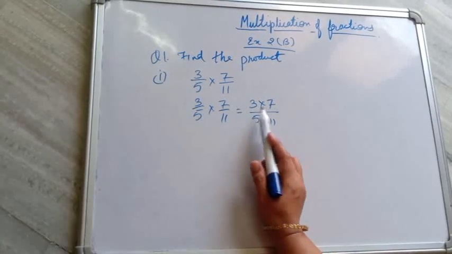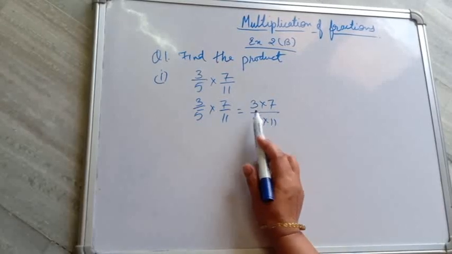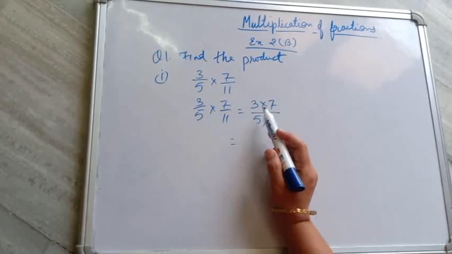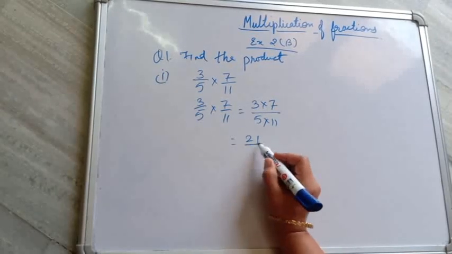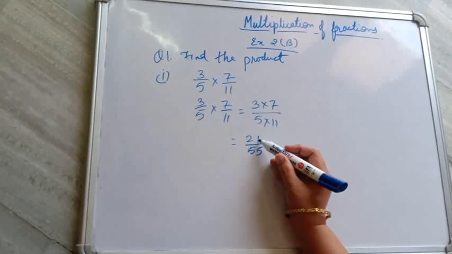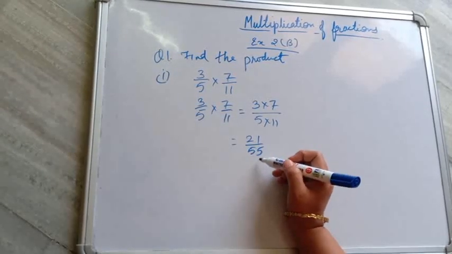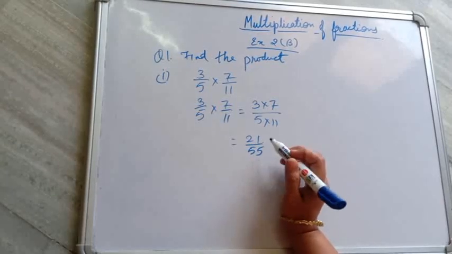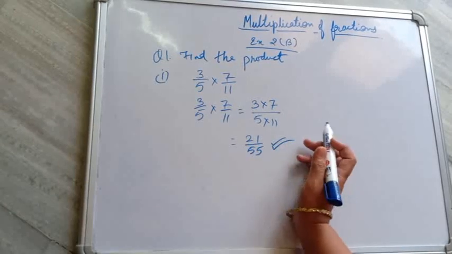There is nothing that can be divided by 5 or 11, so just multiply them. 3 7s are 21 and 5 11s are 55. 21 and 55 are not divisible by the same number, therefore that is the lowest term. We cannot divide them further, so this is the answer.